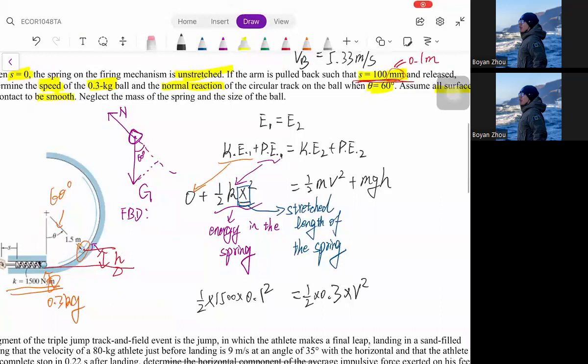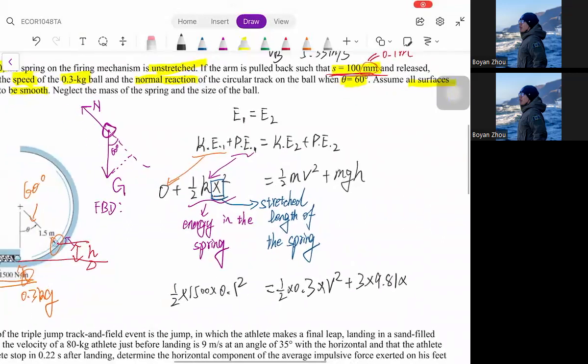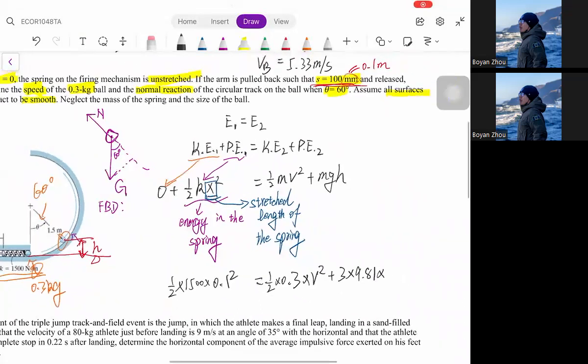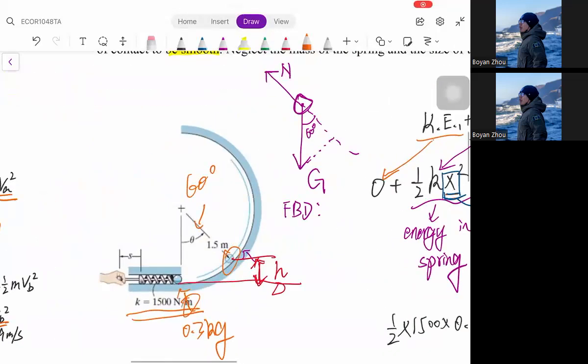Velocity is the unknown we're looking for, plus 3 times 9.81 times the height. So to find this height, it's just going to be the total height on this one minus the height on this one.